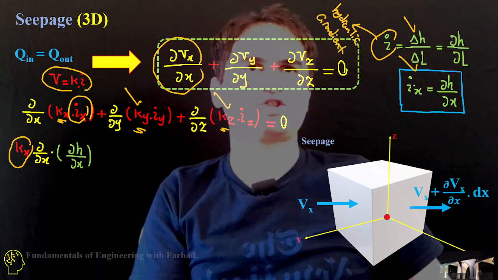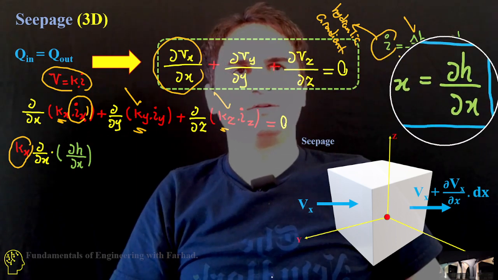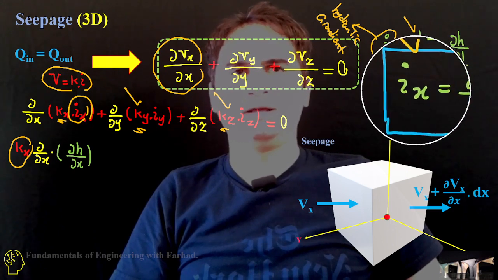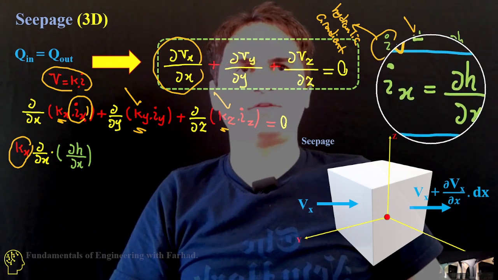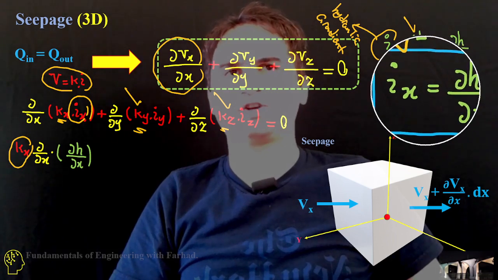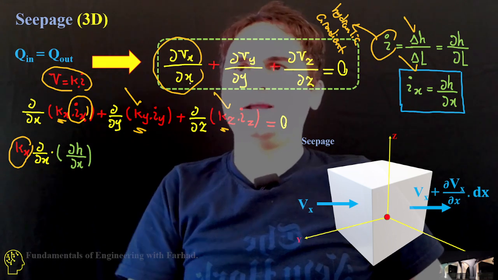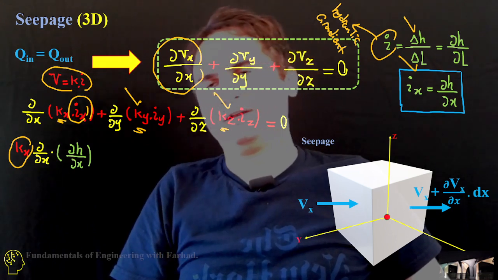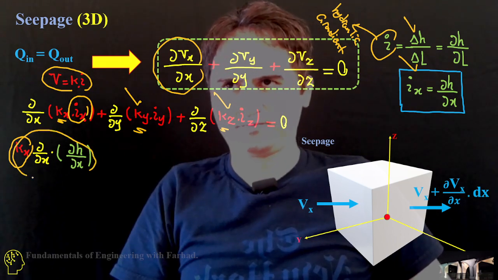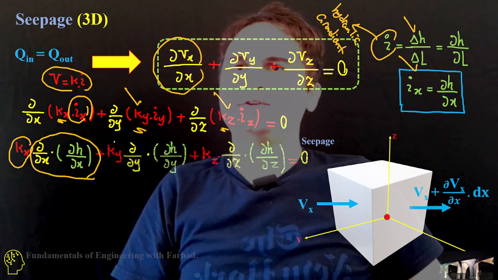In each direction, Ix, for example, is dH over dx, the hydraulic gradient in the x direction. If we replace that in our equation, Ix comes with dH over dx. So it turns into a constant and a second order derivation.